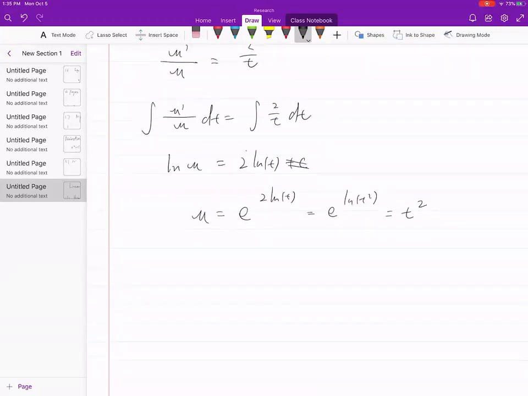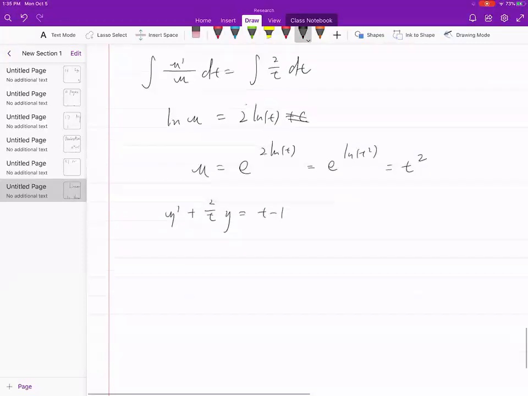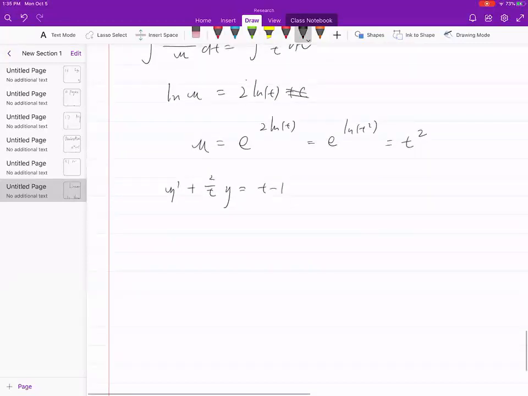If mu is t squared, now go back to what we have here. The first thing I want to do is times t squared on both sides.